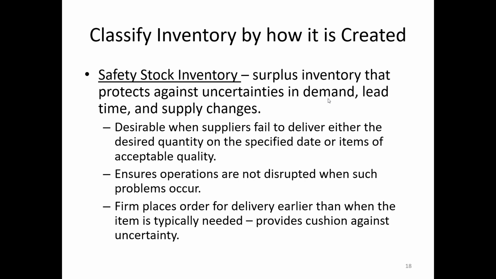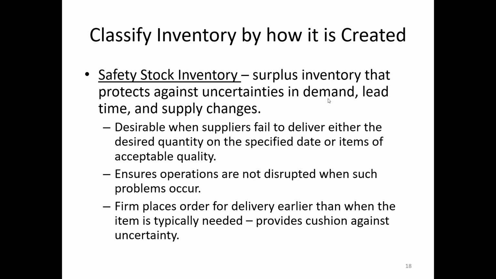You're expected to get this stuff in a week. Turns out now you're getting stuff in 2 weeks. Well, you've got to adjust your inventory for that. Or sometimes it's 1 week, sometimes it's 4 days, sometimes it's 10 days. There's a huge amount of variability in that lead time, and you have to make adjustments for it. So safety stock is there to protect you against uncertainties.